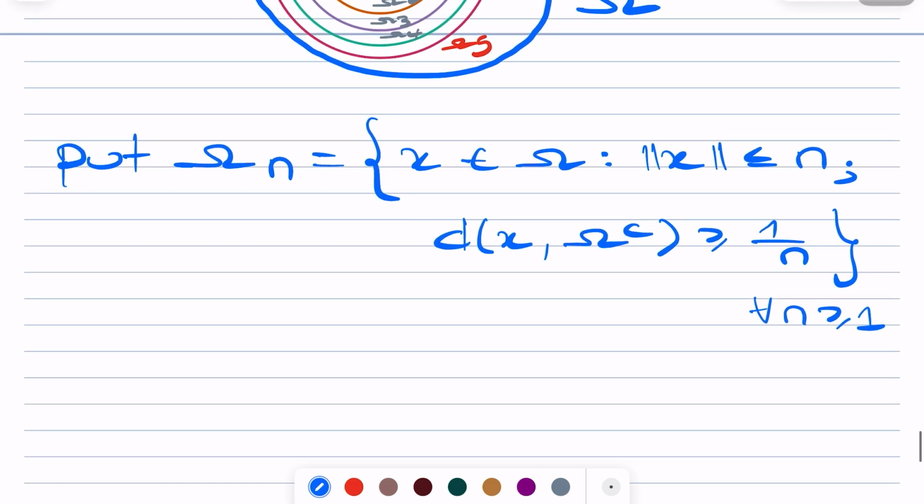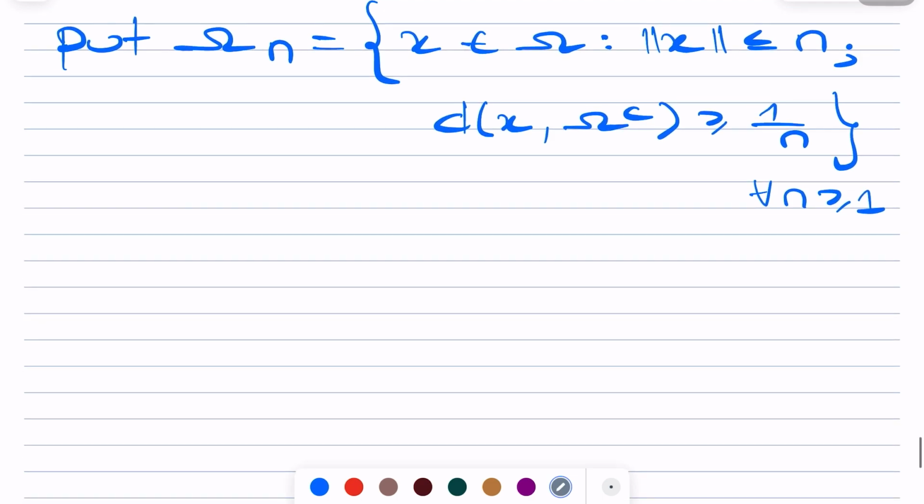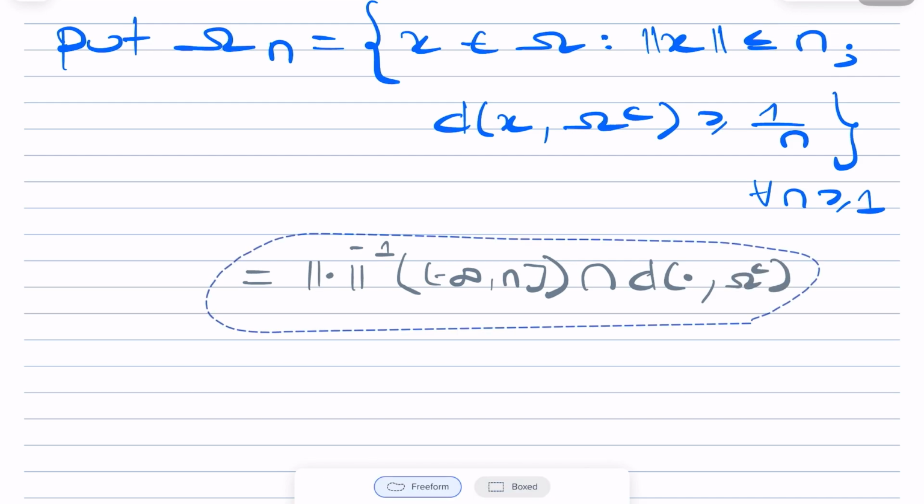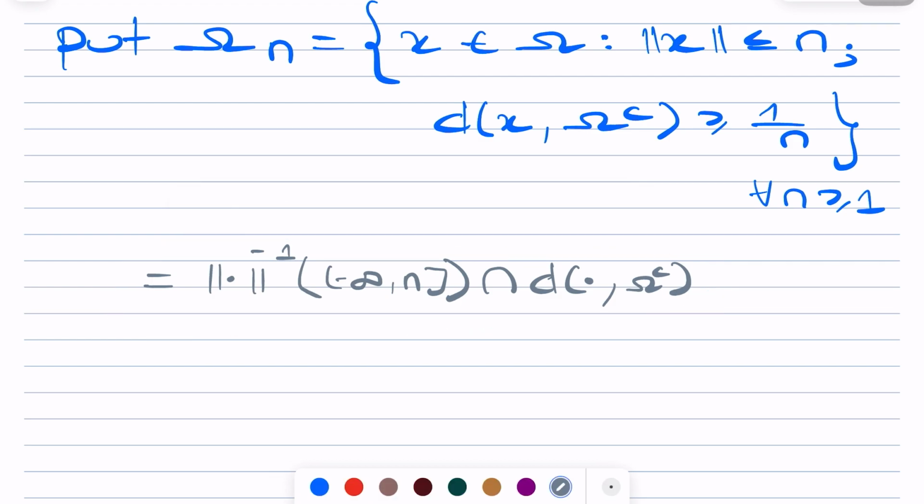Observe first that this can be rewritten, just to prove that the set is closed, as the preimage of minus infinity to n closed, intersected with the preimage of the interval 1 over n to plus infinity under the distance to omega complement.